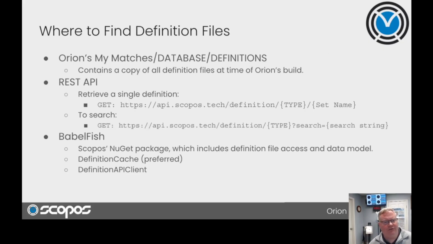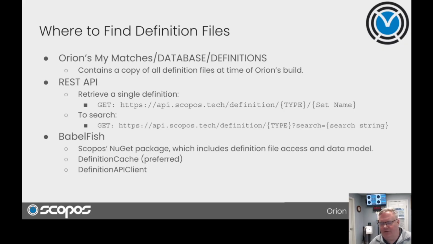All right, where to find definition files? One, within Orion itself. When we install Orion, each version has a copy of the latest set of definition files, and that gets saved to your hard drive, and it's found in the My Matches database definitions folder.